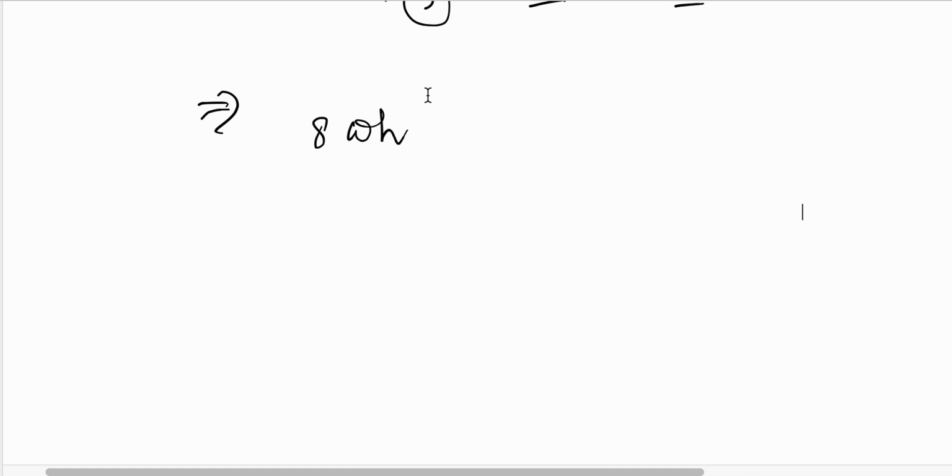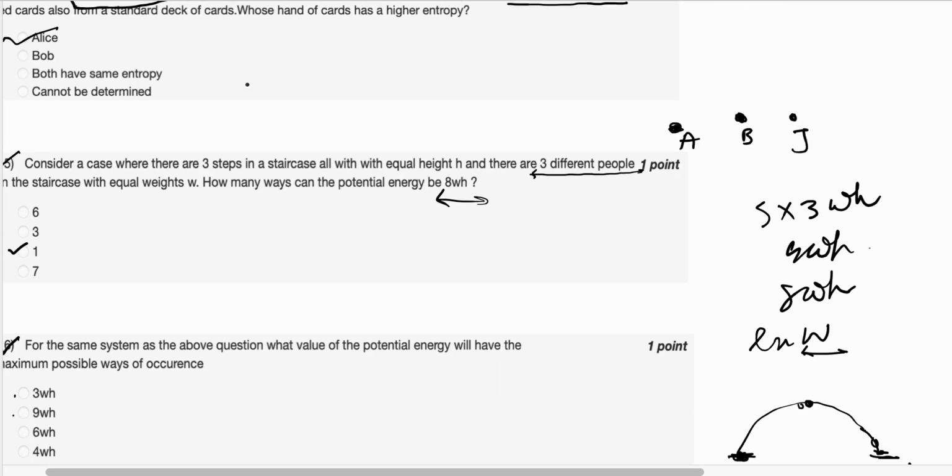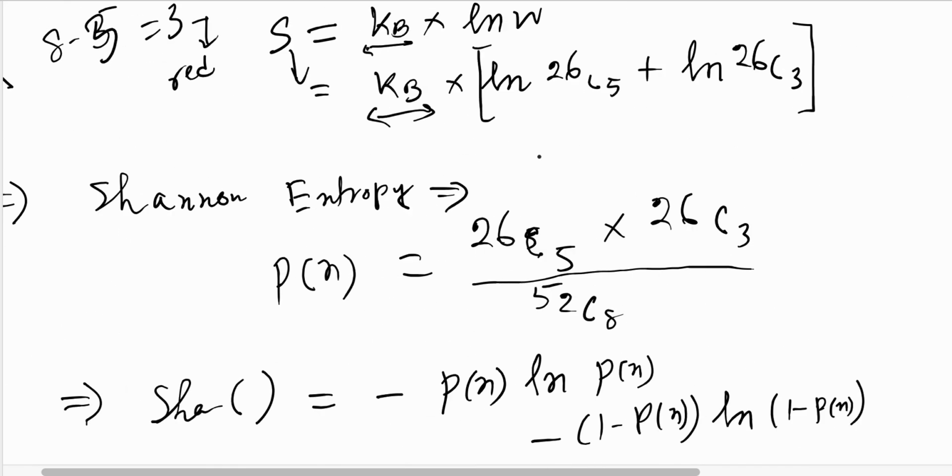The thing I have taken for granted is that all individuals are indistinguishable. That means if I interchange the position of these two individuals, the configuration will remain the same. It is true for indistinguishable particles, but here the individuals are different, since the question mentions that the three individuals are different.